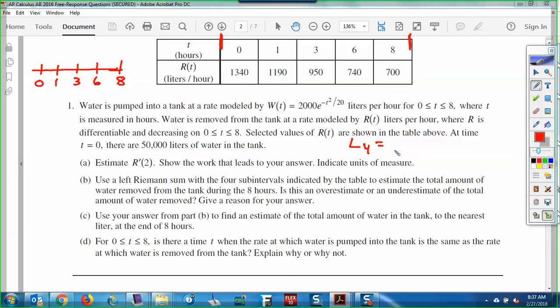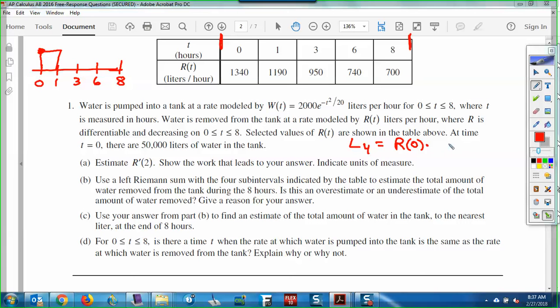Okay, so we want to do an L4, what are we going to do? We're going to do R of 0 times 1, right? This is where that x-axis comes in handy. We're going to go up here at 0 because these are lefts, and we're going to go over 1.